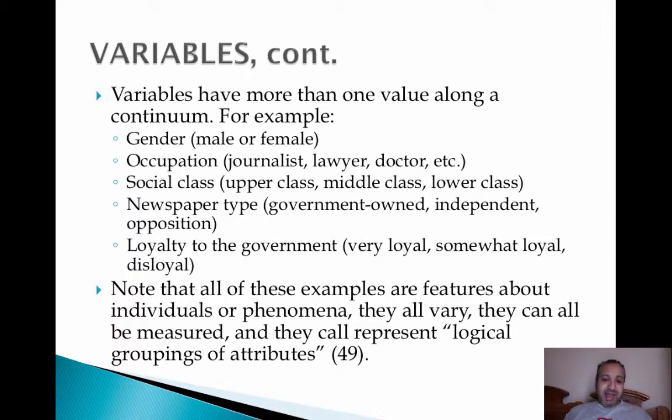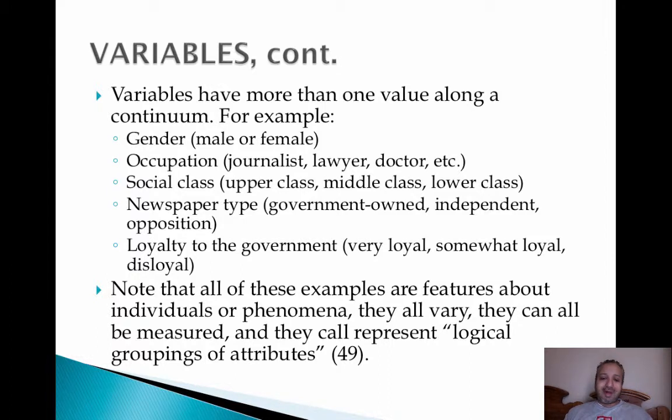You might look to categorize news organizations by their loyalty to the government. And we'll see many, many examples of variables throughout the semester, but I hope that that's clear. A variable is something that varies and that we're interested in measuring as a part of a research project, okay?